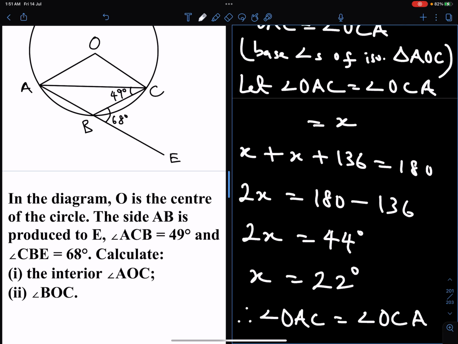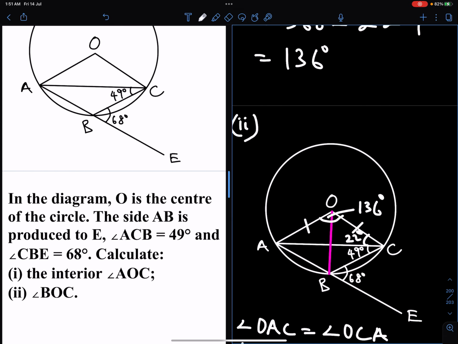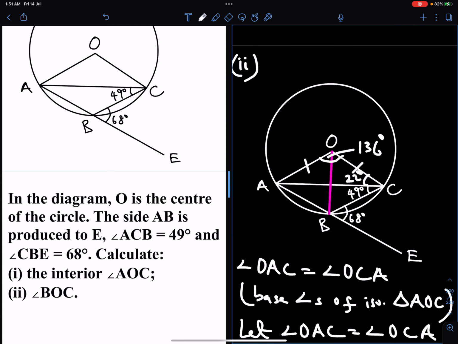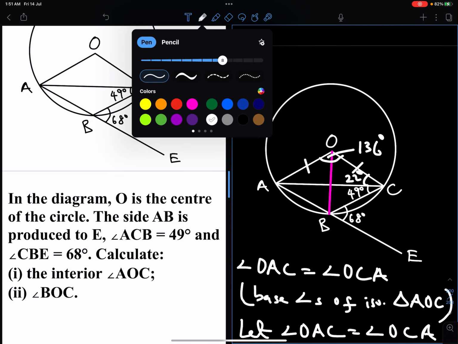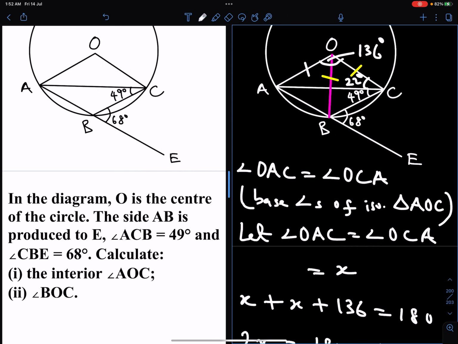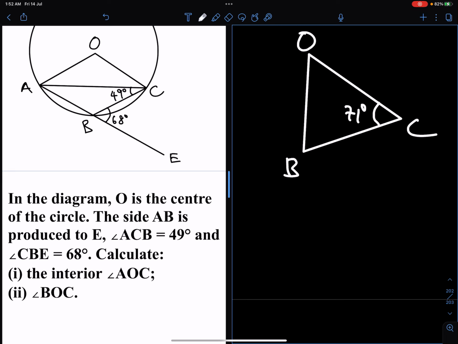And I know, okay, if the whole of angle OCB is 71 degrees, yes. What do we now see? We can see that triangle BOC is also an isosceles triangle, because OB is a radius and OC is also a radius. So triangle BOC is an isosceles triangle.